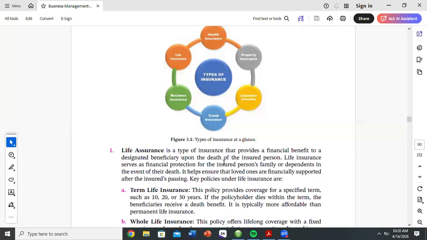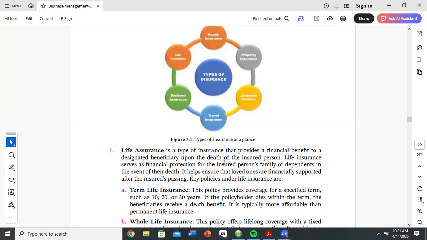So I'll be paying regular amounts to the company so that when I die, the person I name in the policy, my wife, my children, or both, are going to benefit. Whatever amount was agreed upon will be paid to them when I die.